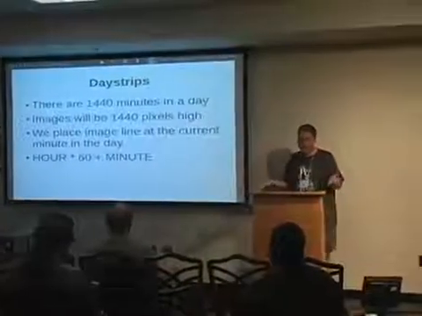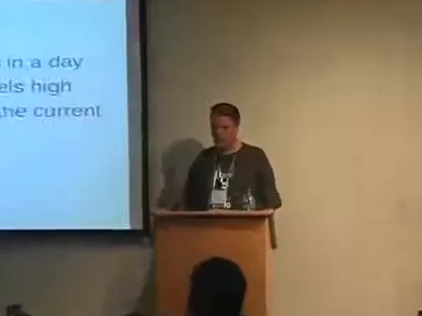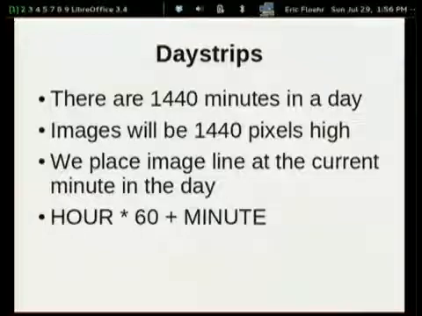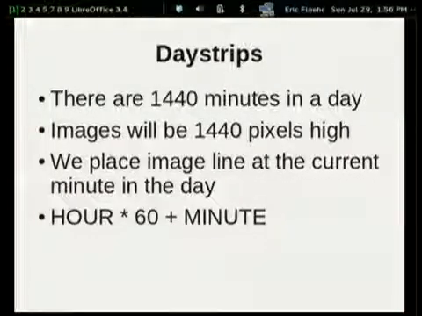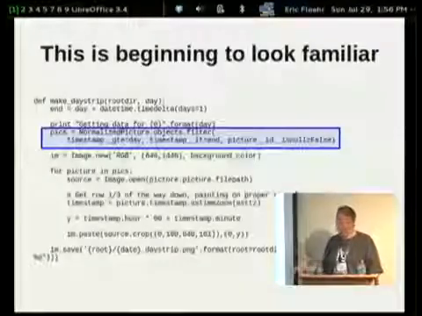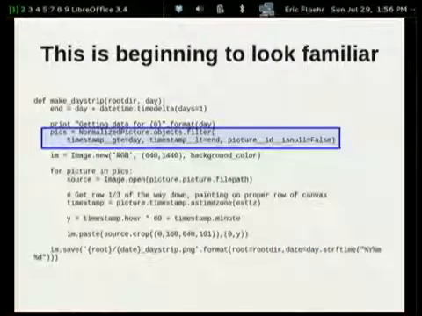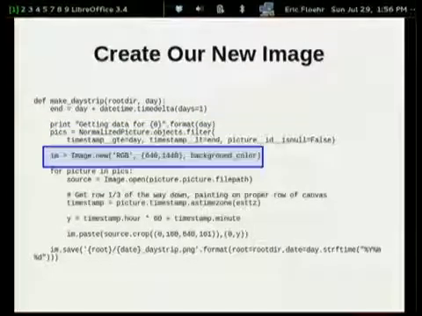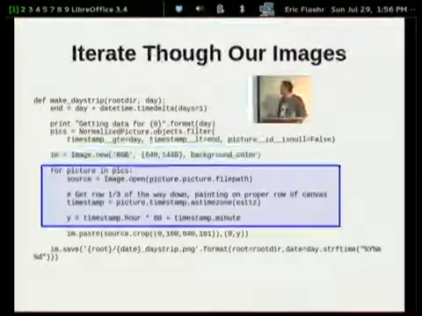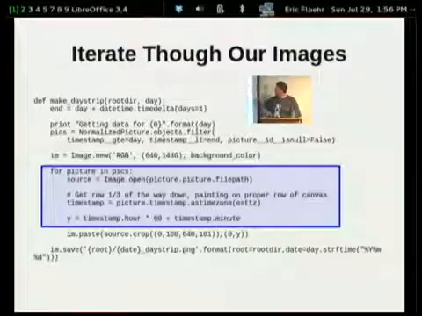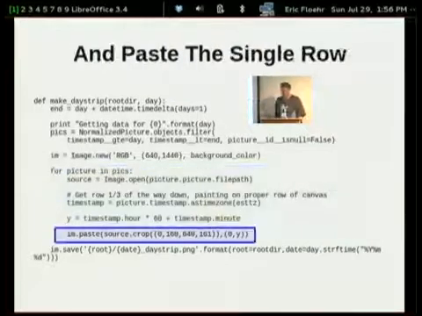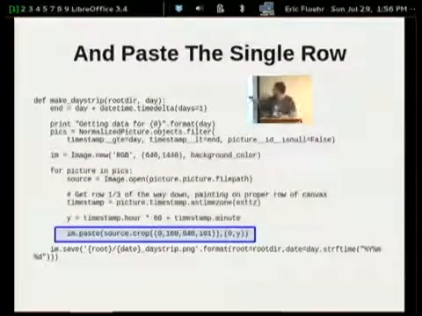There are 1,440 minutes in a day, so that means we're going to be 1,440 pixels high, and we know where we're at by how many minutes into the day will be your Y value. I'm not going to spend a lot of time on this. We filter our objects, we get 1 day of objects, and instead of putting them into a movie file, we're going to create an image. And we crop the image.